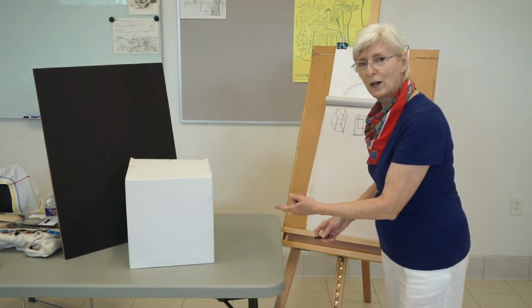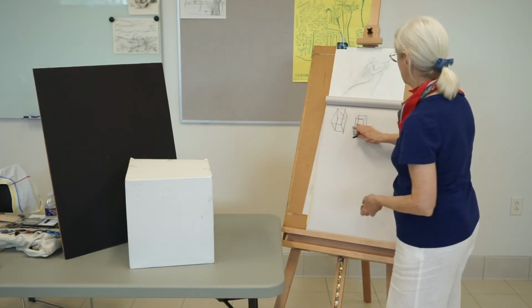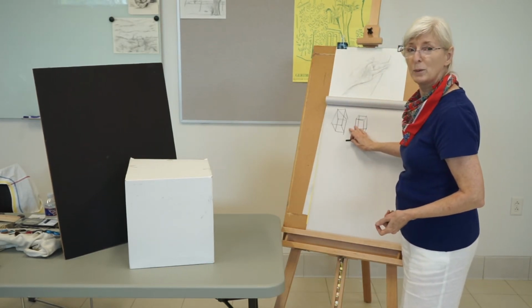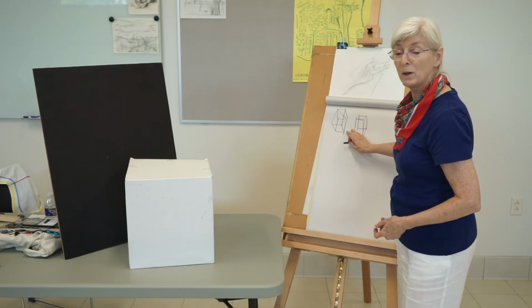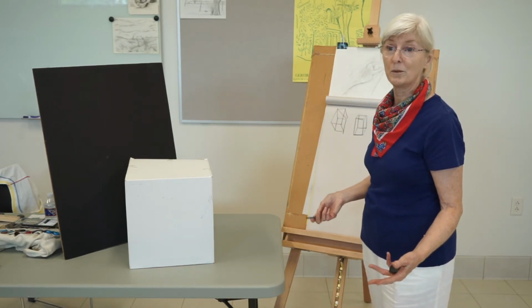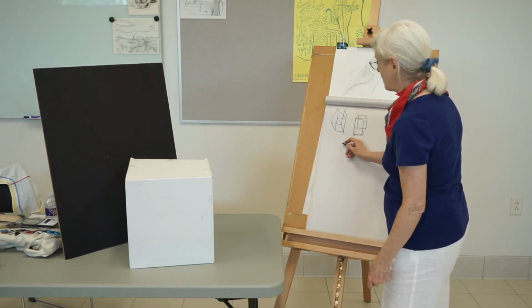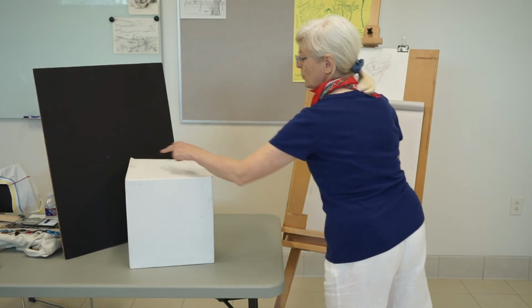But I want to try to get you to draw a box in a different way, because this one is transparent. I'd like for you to be able to draw a box that's not transparent. And this will be sort of a practice activity that you can do to help develop your skills. But I want you to think of a box, first of all, looking across the top of a box.